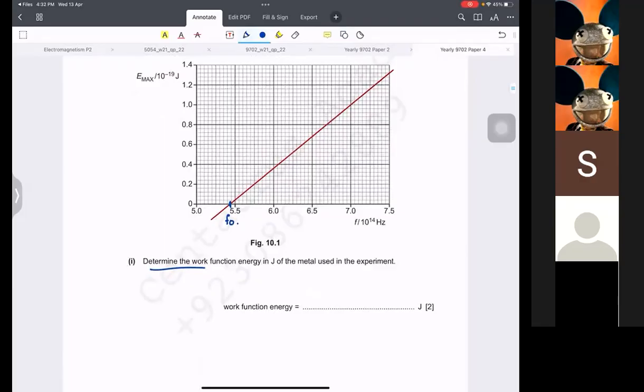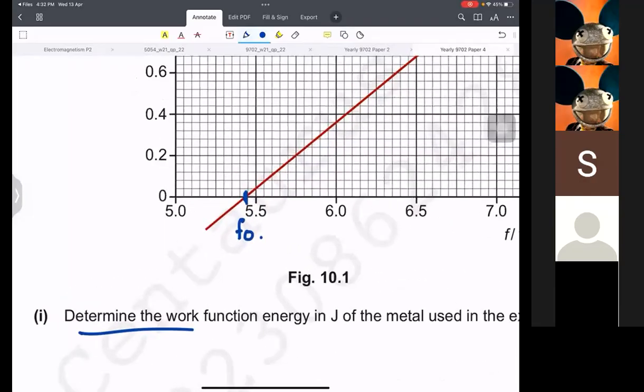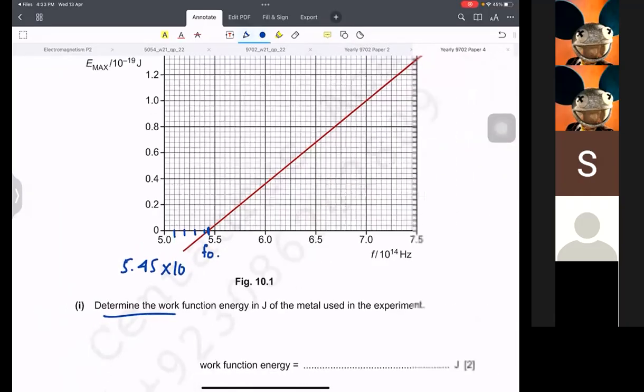I don't know what this is. This is somewhere in the middle, or somewhere like this. So this is 5.1, 5.2, 5.3, 5.4, 5.45. So 5.45 times 10 raised to power 14. This is f naught.